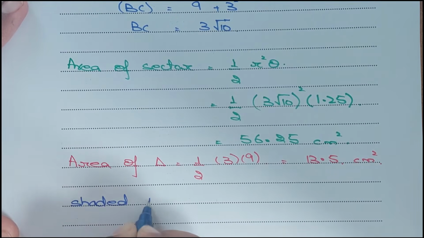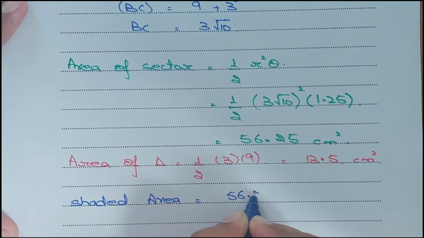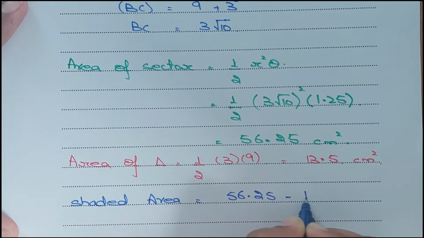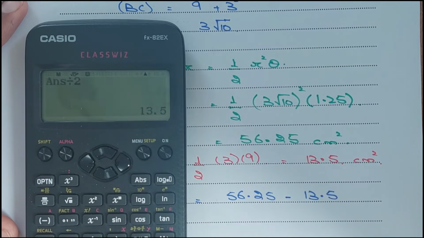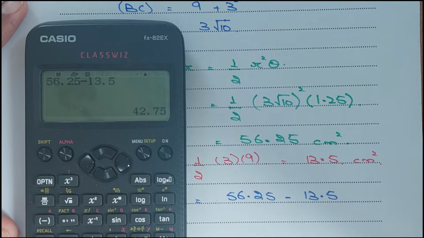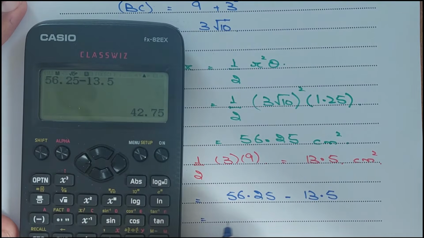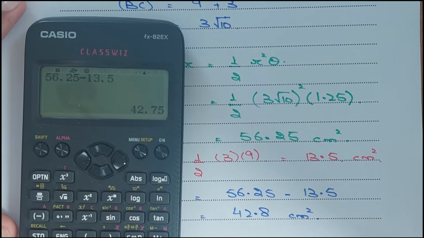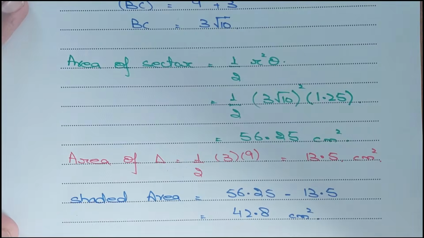From the sector area 56.25 we subtract the triangle 13.5, which is not shaded. 56.25 minus 13.5 is 42.75 or 42.8. So 42.8 centimeters squared is the shaded area bounded by the arc and the two lines.